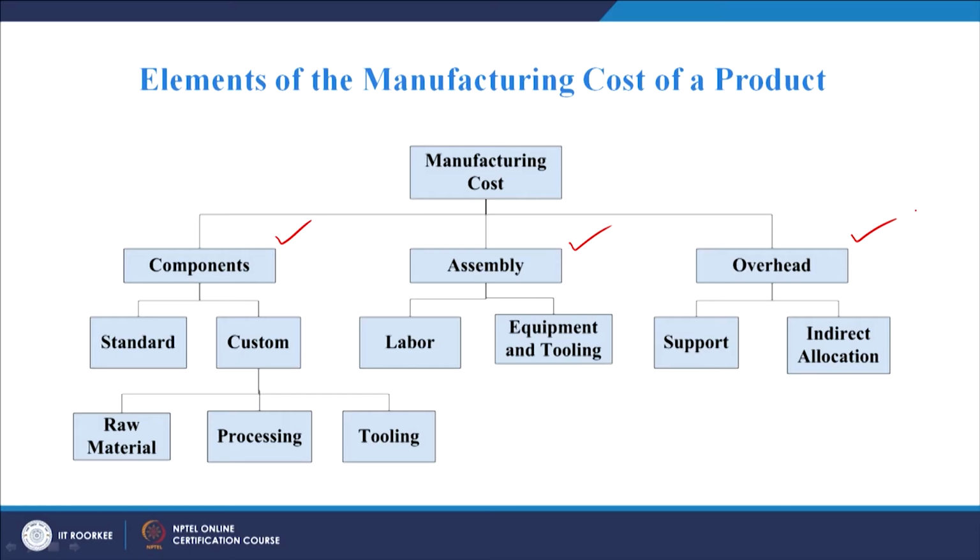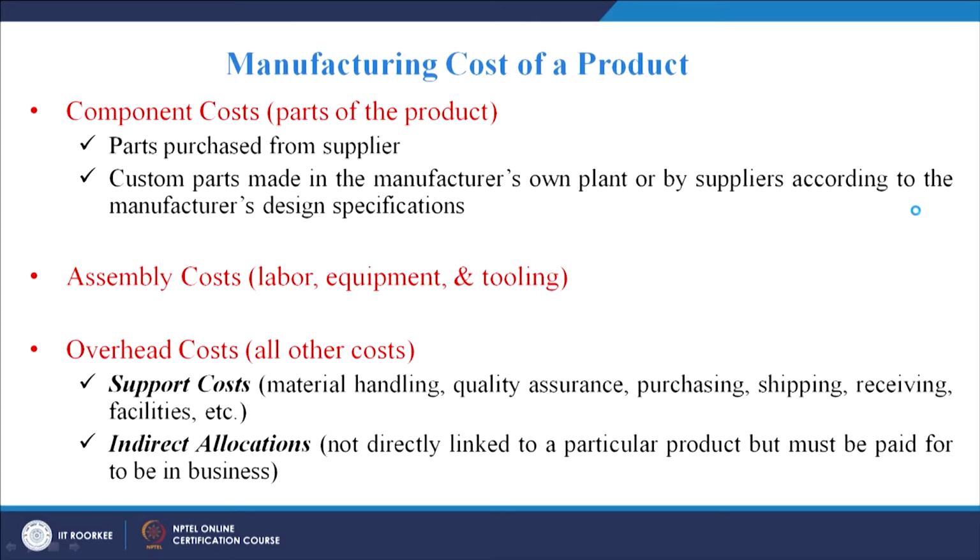Why are we going into the cost aspect? Because the manufacturing cost of a product will define the steps that we are going to take using the DFM guidelines for ensuring ease of manufacturing for the product that we are going to make.